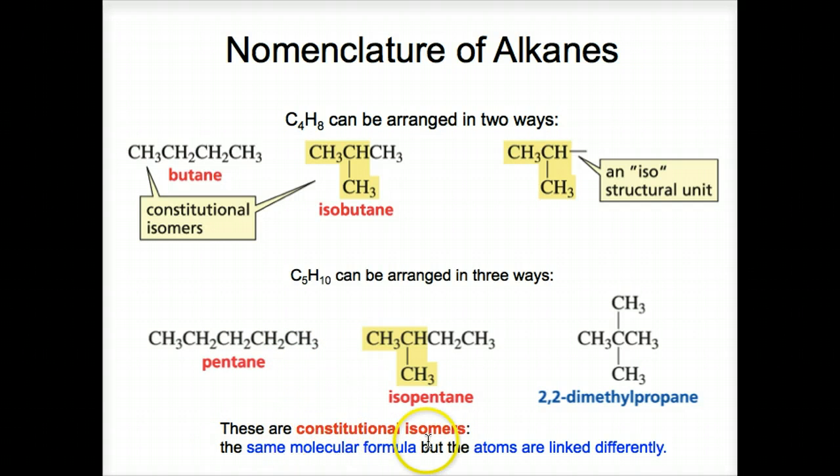They have the same molecular formula, but the atoms are linked differently. They have different properties and so forth. Here's 2,2-dimethylpropane. Another arrangement. Notice there's 3 different ways we can arrange the 5-carbon alkane. With this 4-carbon alkane, you notice we have 2 possible ways we can arrange them.